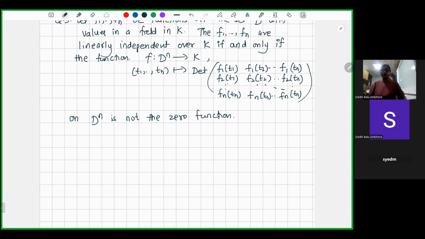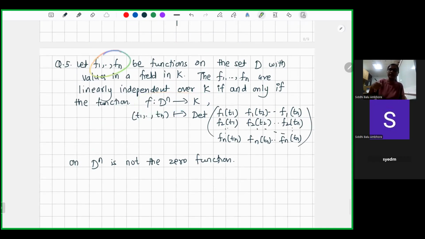So this function needs to be non-zero. That's what it says. This f here is non-zero. We are not talking about fn or fi being non-zero. We are talking about this f which we defined here from Dn to K, that it is not the zero function.